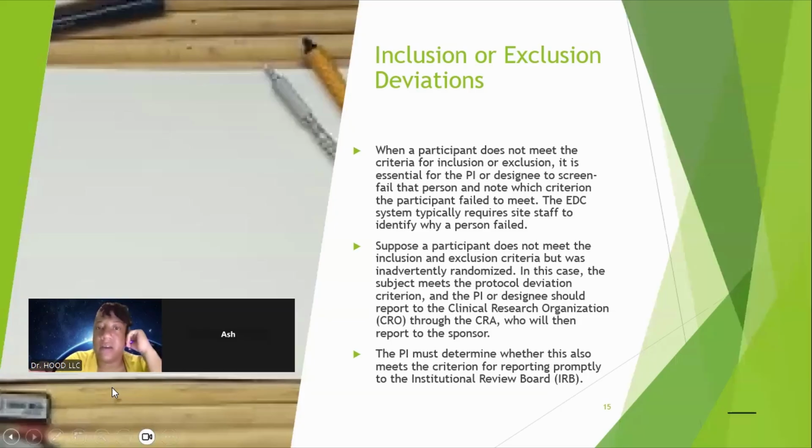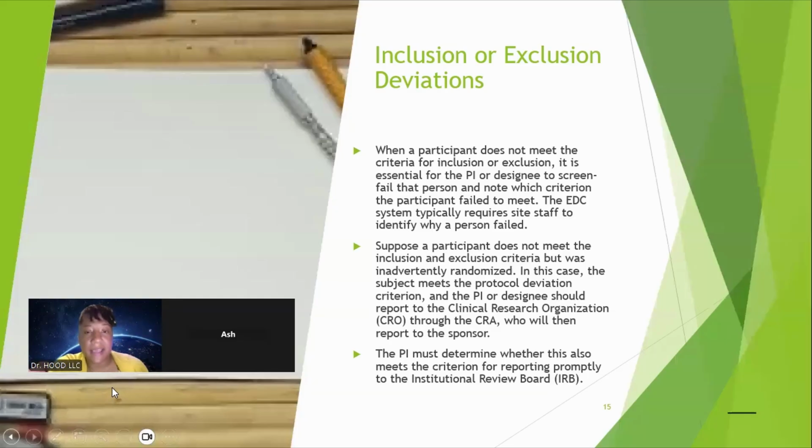I don't think so, because an inclusion exclusion criteria usually has one that says in the investigator's discretion or judgment that this patient does not have a medical condition that would prevent them from participating.